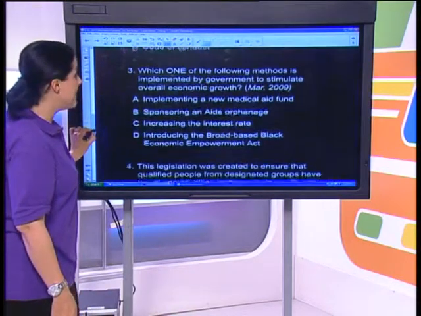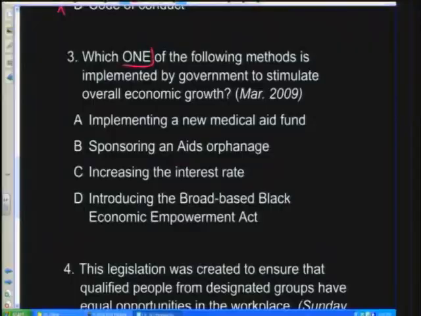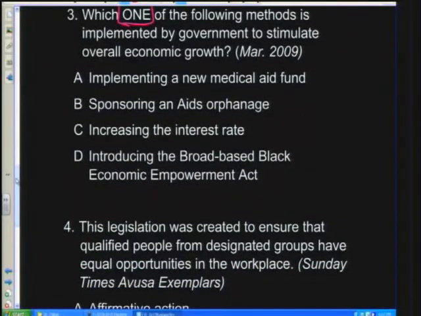Okay, number 3. Which one of the following, oh, they even put that in capital letters for you. Which one of the following methods is implemented by government to stimulate the overall economic growth? Let's have a look at the options. Implementing a new medical aid fund. Why would that help us?